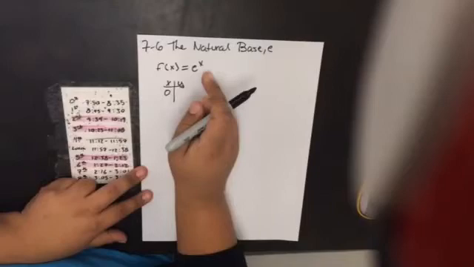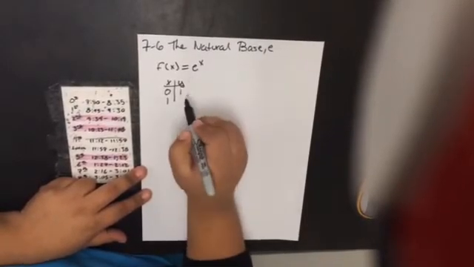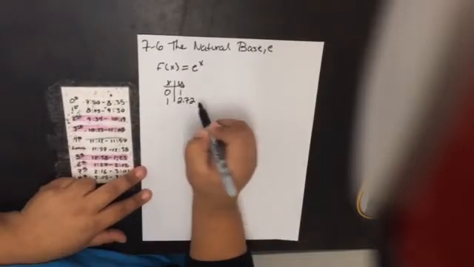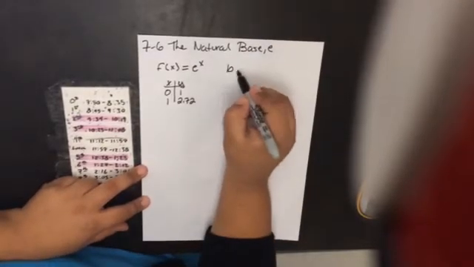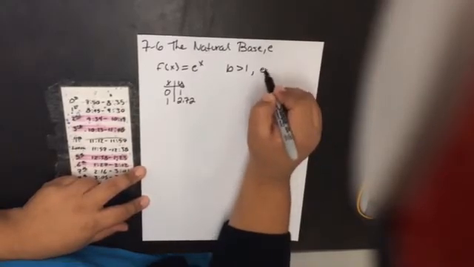When x is 0, your y is going to be 1. And when x is 1, it's going to be 2.78. We're rounding. Here, the base is greater than 1, so it's going to be exponential growth.